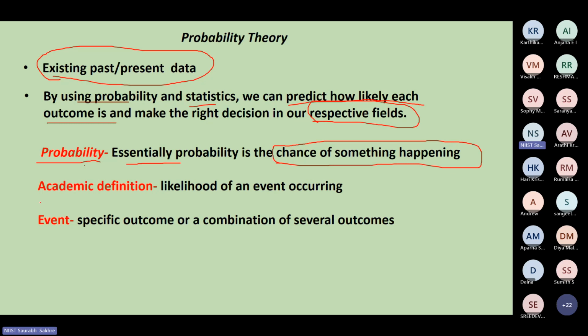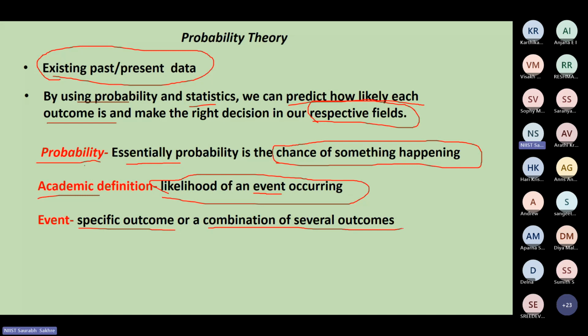Now we'll see the academic definition of probability. It is the likelihood of an event occurring. And what does that event mean? It is a specific outcome or a combination of several outcomes.